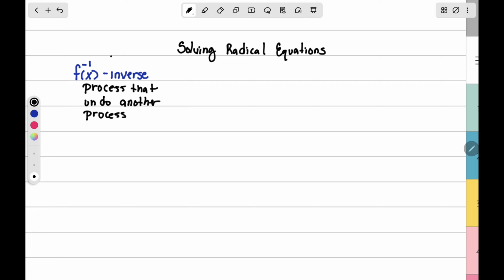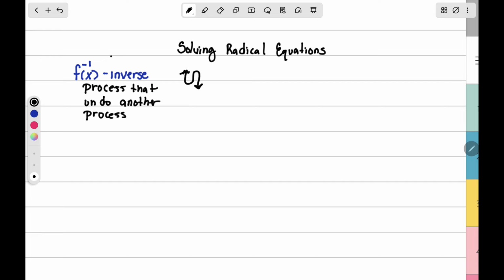And I like to use this symbol here. I do an arrow going up and an arrow going down. So I like to use that.